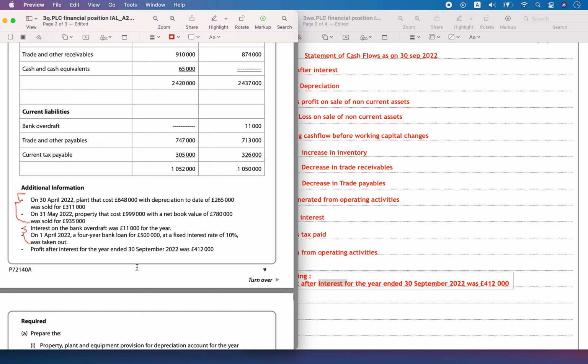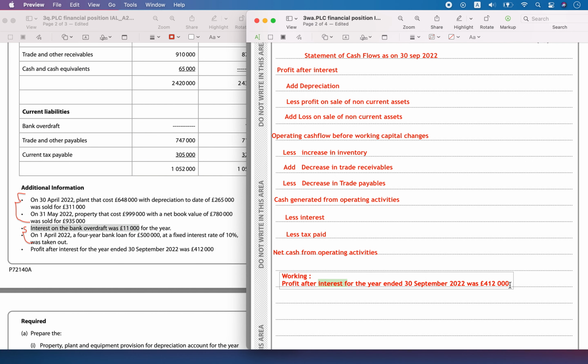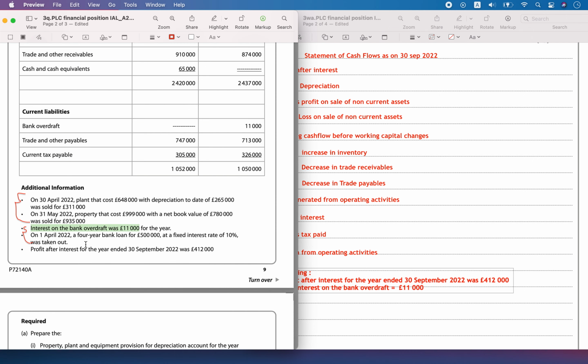So the interest on the bank overdraft we have to add back, and that was equal to 11,000 pounds. You will also add back the interest on the other loan taken out on 1st April.